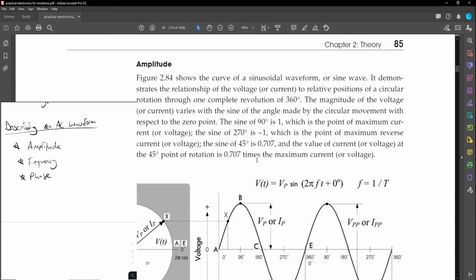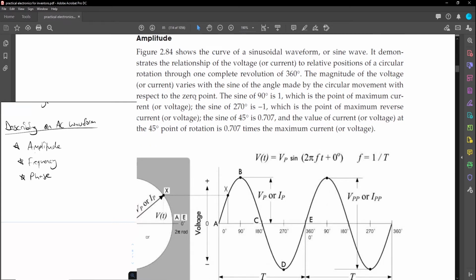Figure 2.84 shows the curve of a sinusoidal waveform or sine wave. It demonstrates the relationship of the voltage or current to relative positions of a circular rotation through one complete revolution of 360 degrees. Okay, I'm not really understanding this. So, it shows the curve of a sinusoidal waveform.